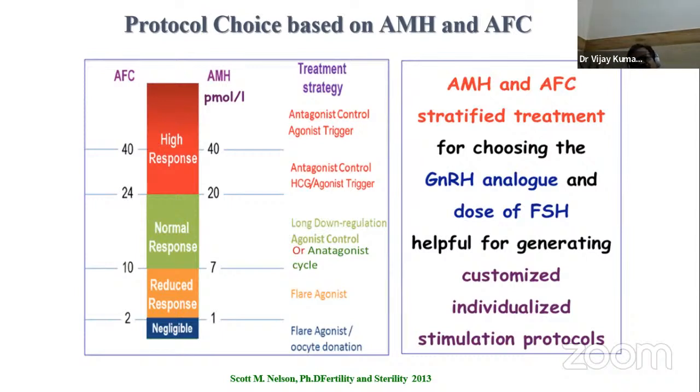High AMH is seen in cases of severe PCOS patients. In such patients, it's very important that you do the ovulation induction and put them under the antagonist protocol rather than the agonist protocol. And in some of the cases where the AMH is very low, which indicates poor ovarian reserve, in such cases the flare agonist, that is the GnRH analog, is used along with the ovulation induction drugs.